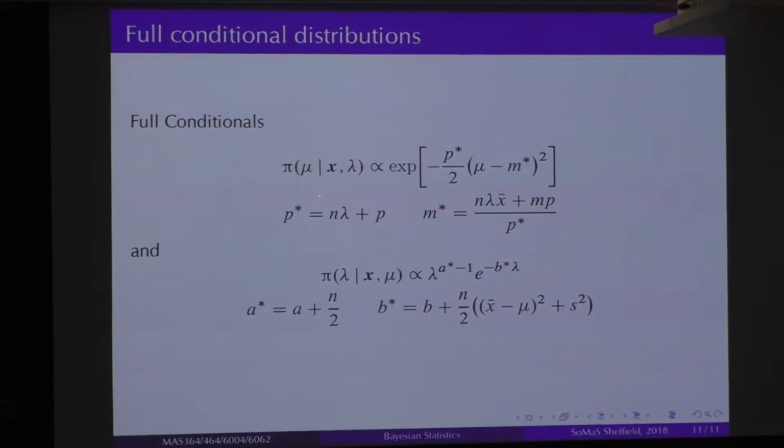And now we can use these full conditionals, given that they are of a known form. We can see that this looks like a Gaussian with that mean and that precision. So we can use these as our proposal distributions for each parameter, and we can propose values directly from these full conditionals. Okay?